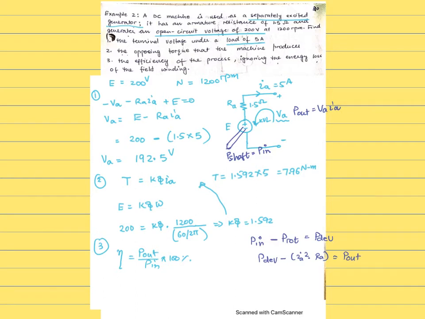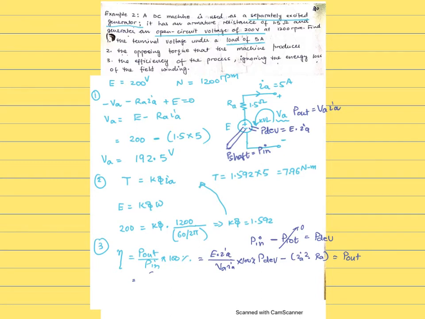So in this case rotational losses are not given and we don't have any way to calculate them, so we're just going to assume that they are 0. In that case your input power is your developed power. Developed power, everybody knows, is E times IA. So you can solve it this way. You can say this is E times IA over VAIA times 100%, which is actually E over V simply. Sorry, did I do anything wrong?